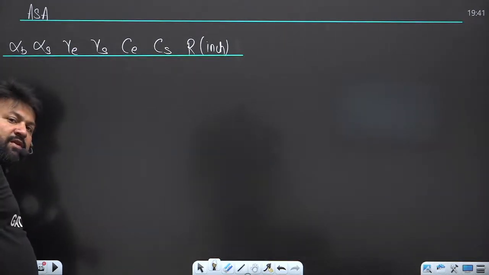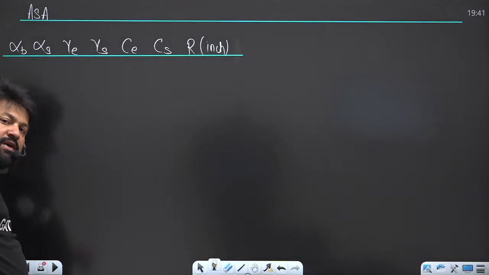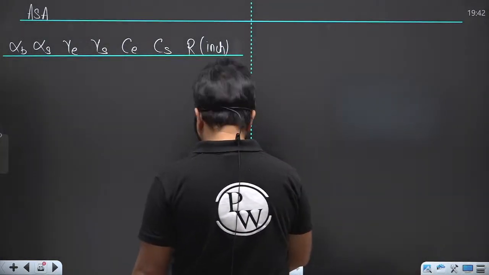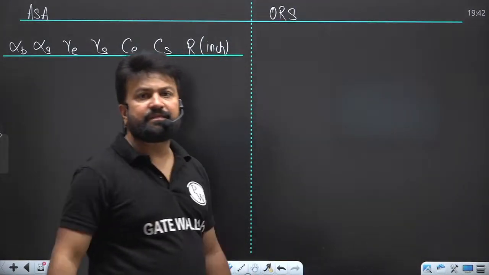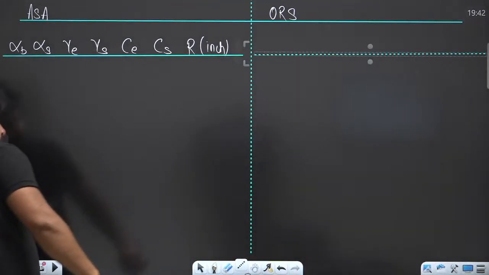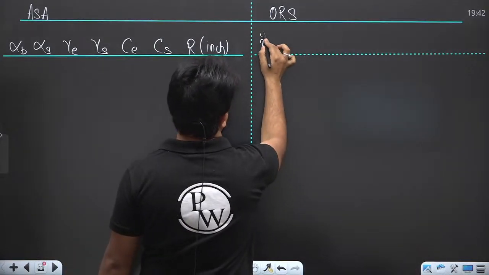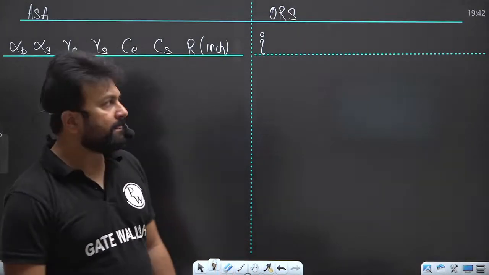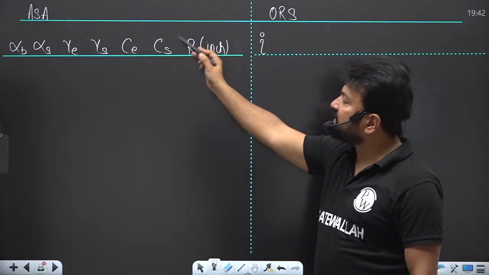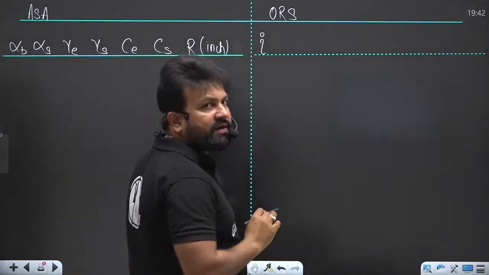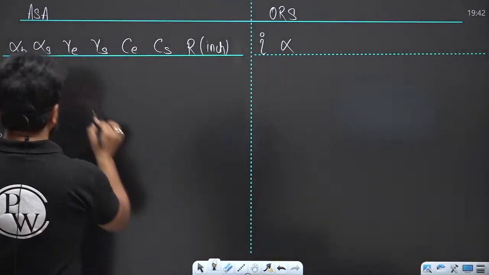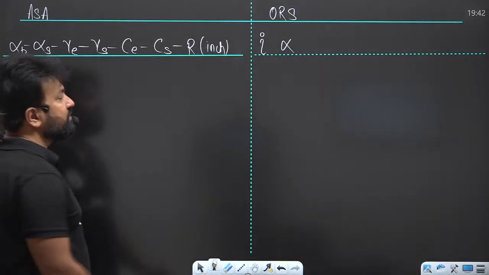If you go to the ORS system, orthogonal rake, we are going to write I, where I means inclination. For the same turning tool, we are going to convert the same turning angles to ORS. Alpha stands for the orthogonal rake angle of the turning tool.